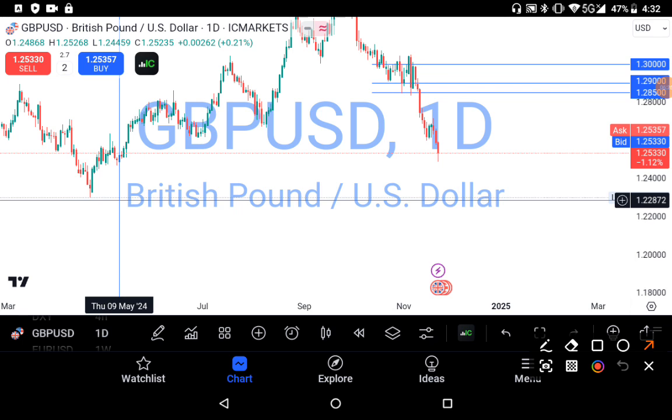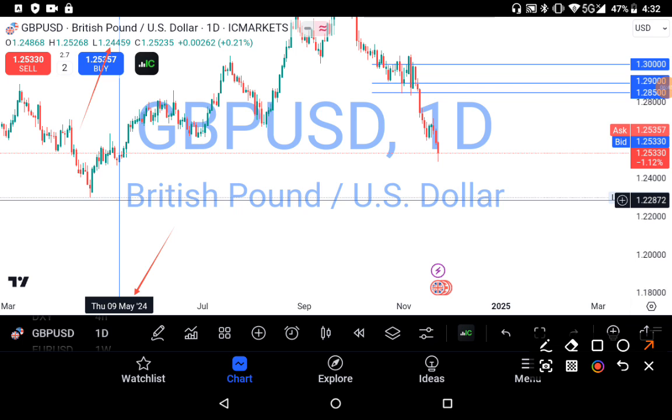The low of this candle here. The candle that formed on the 9th of May. The low here is 1.24459.